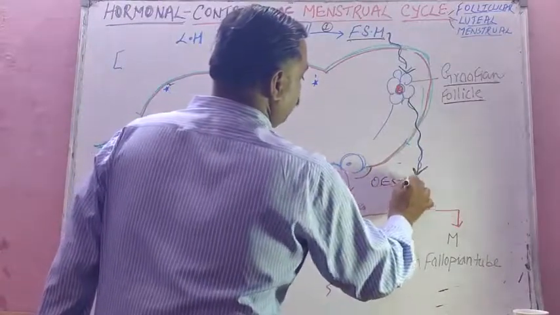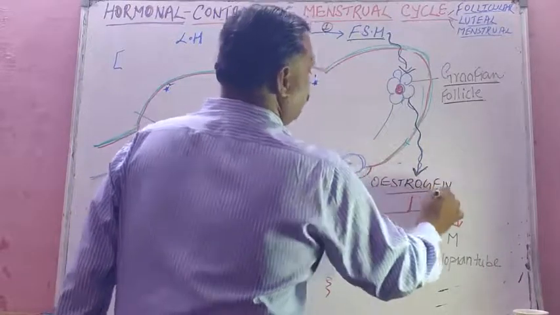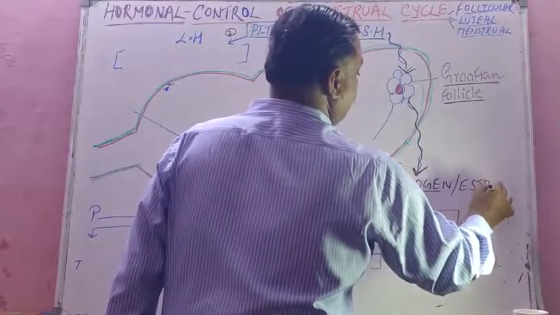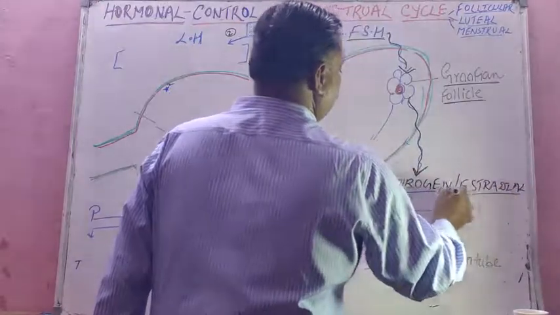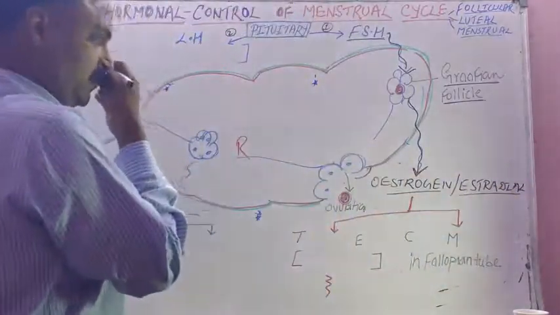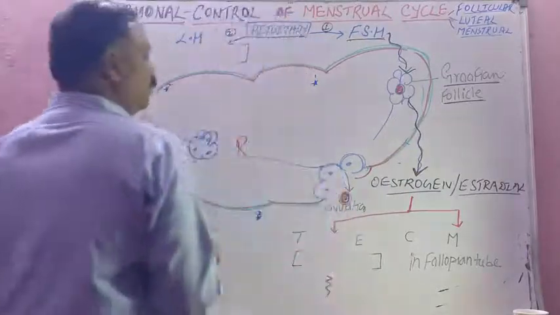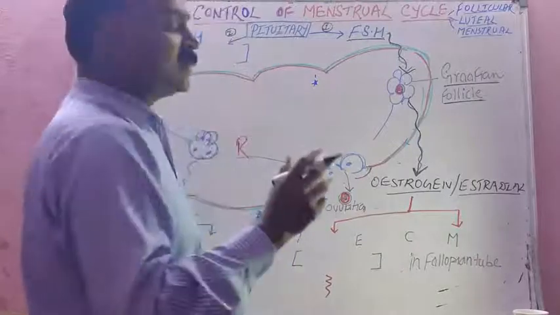What is the first female hormone, students? Estrogen. In medical terms it is also called estradiol. Now what is the function of this hormone? It plays an important role in two important things.